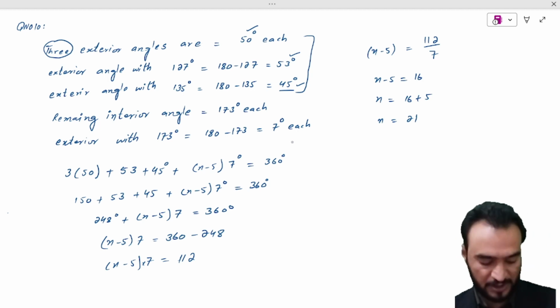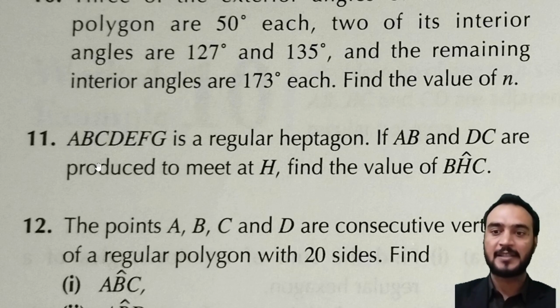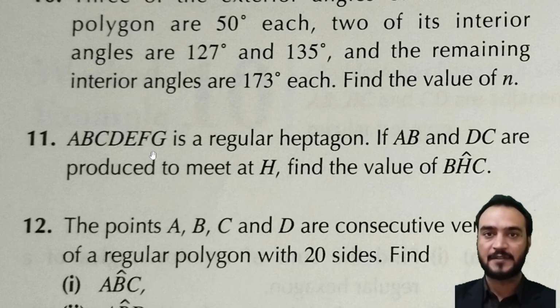Now we will solve question number 11. Question number 11 says: A, B, C, D, E, F, G is a regular heptagon. Heptagon means a seven-sided polygon. Regular means all the sides of this polygon are equal in length.